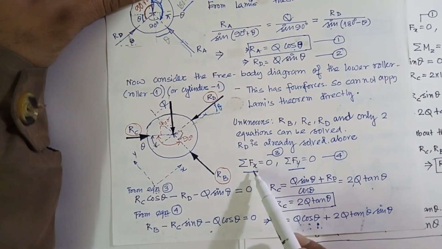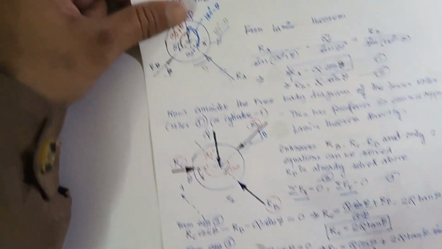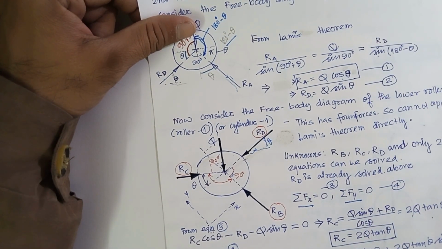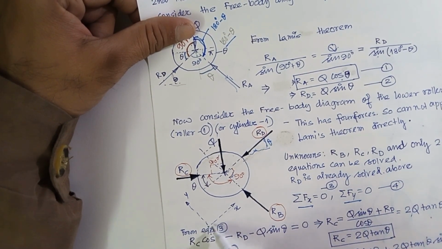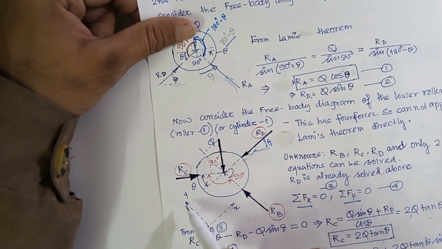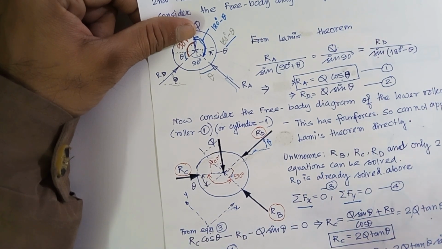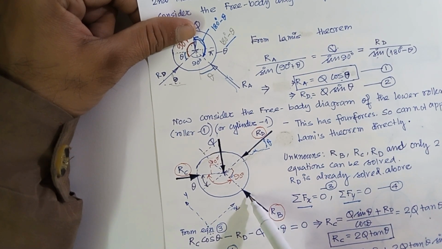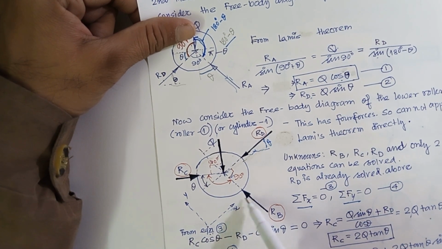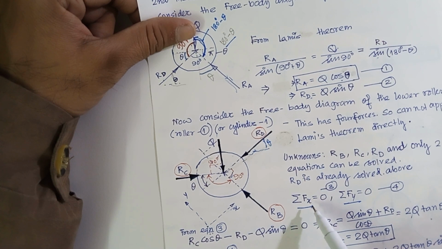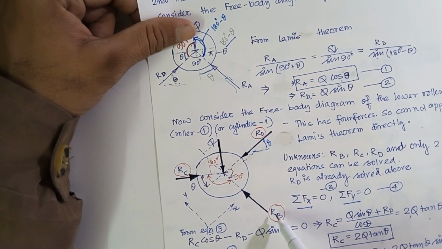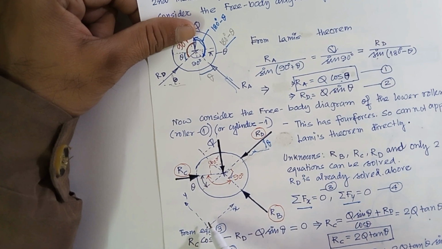Okay, next we write the equations. So along the x direction, what are the forces? Now you see that again, why I actually define the x and y direction along these directions, because in that case one of the forces will be eliminated in at least one equation. So you see that in the x equation, this RB will not be appearing. But RC will appear in both the equations because RC is inclined to both the directions.